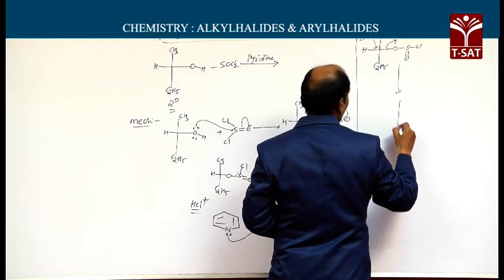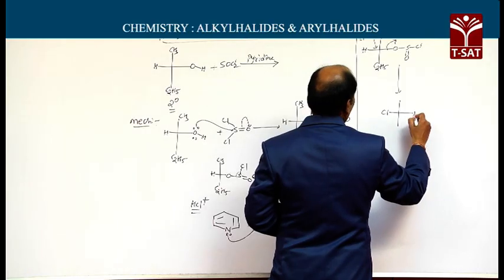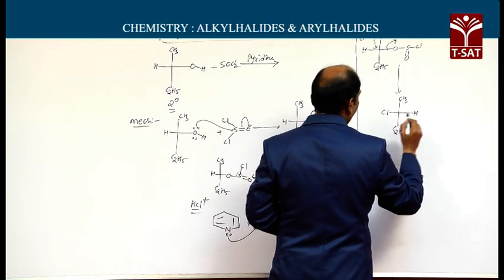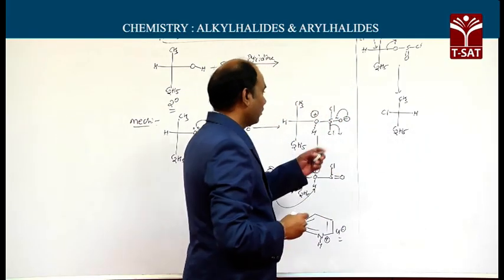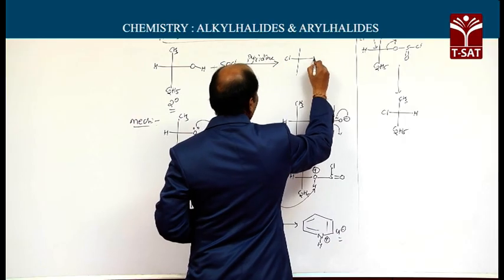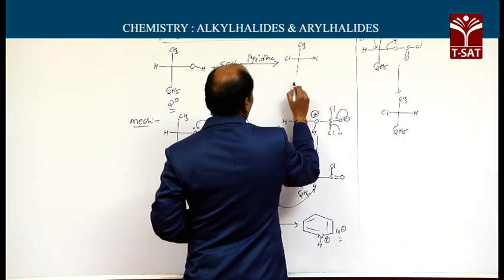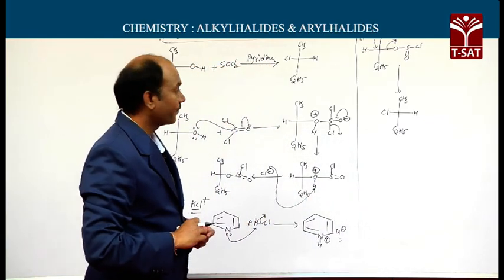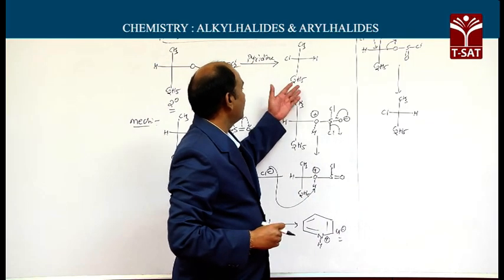So what do we get here? This is Cl, this is H, this is CH3, this is C2H5. So the chloro compound is formed.